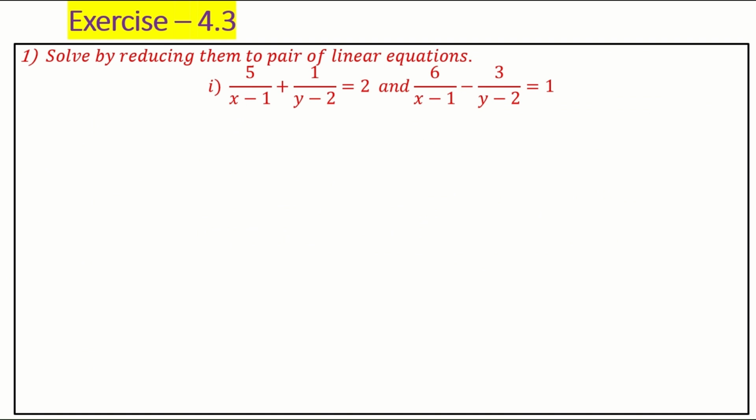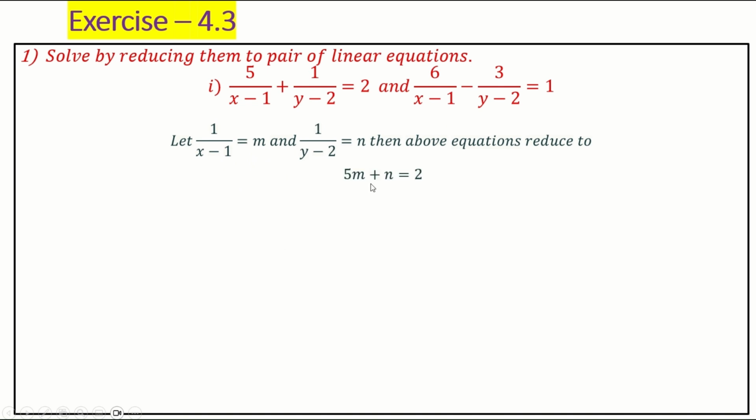The first problem: what is common here is 1 by x minus 1 and 1 by y minus 2. So you define them as your variables to reduce them into a pair of linear equations. Let 1 by x minus 1 equal to m and 1 by y minus 2 equal to n. The equations become 5m plus n equal to 2 and 6m minus 3n equal to 1.